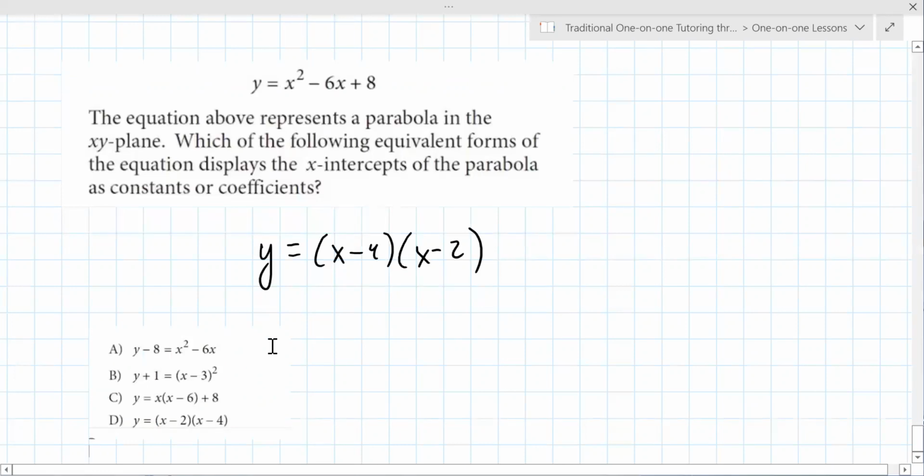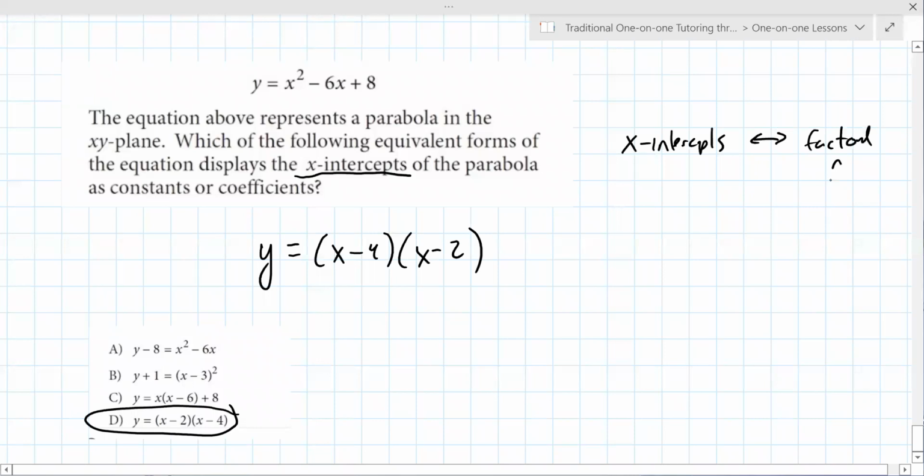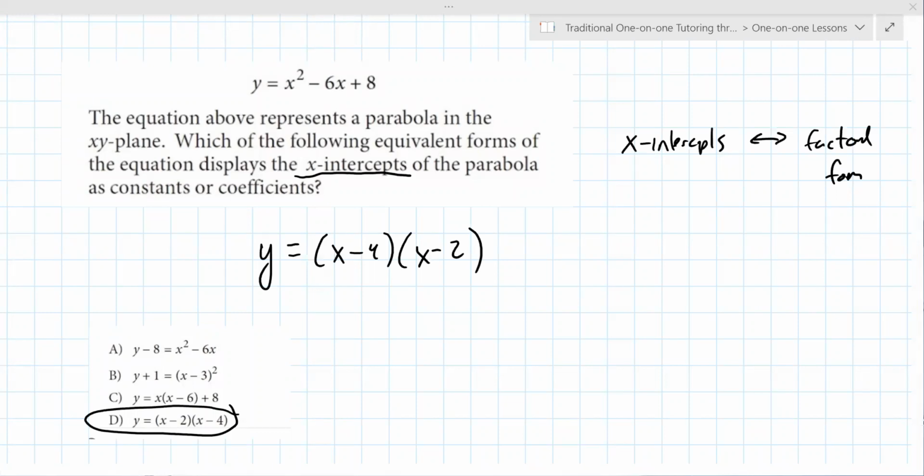It'd be D. Now I didn't read the question, but it asks for the intercepts again. So what you have to do somehow is associate x-intercepts with factored form. This is factored form. The y equals x minus 4, x minus 2, that's factored form.